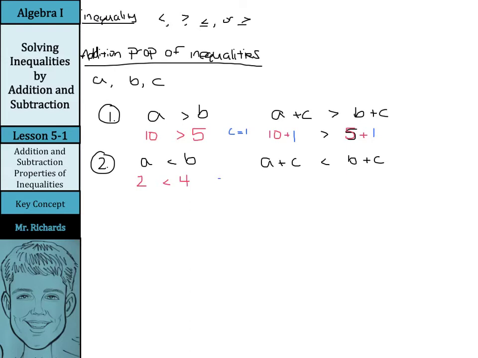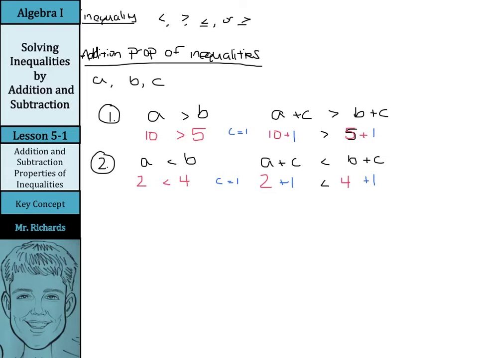And C we'll still say is 1. Well, 2 is less than 4, so 2 plus 1 needs to be less than 4 plus 1. And sure enough, 3 is less than 5, so the inequality stays true.